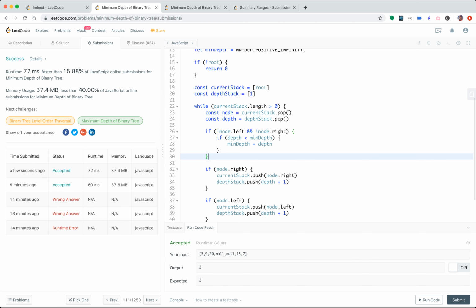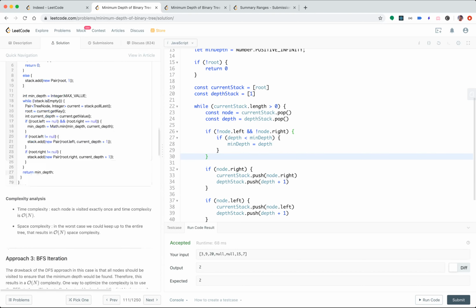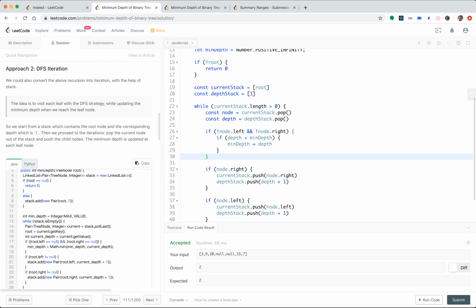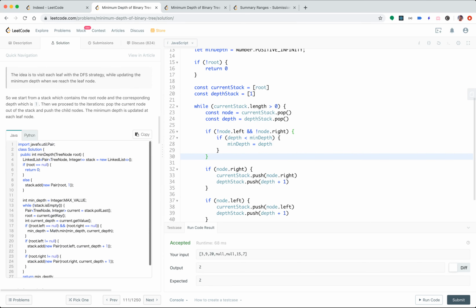We use 2 stacks, so that is not optimal.